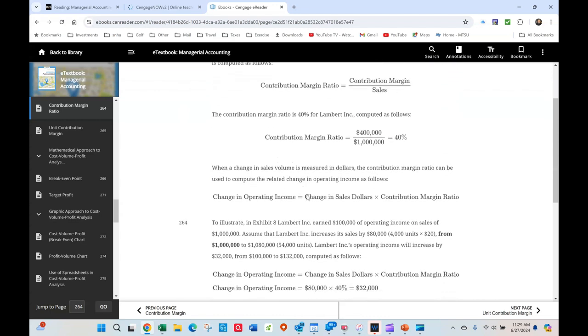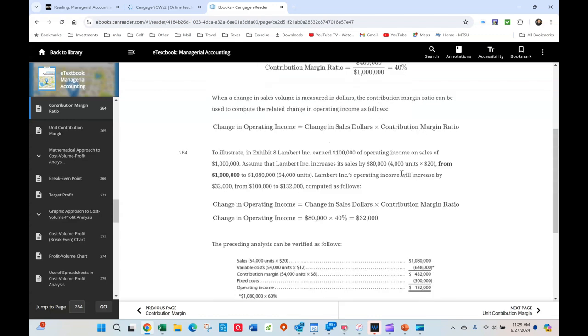When a change in volume is measured in dollars, the contribution margin ratio can be used to compute the related change in operating income. So change in operating income is equal to change in sales dollars times contribution margin ratio. So if we earned another $100,000, we should earn another $40,000 in profit, right? Oh, we're only up 80,000.